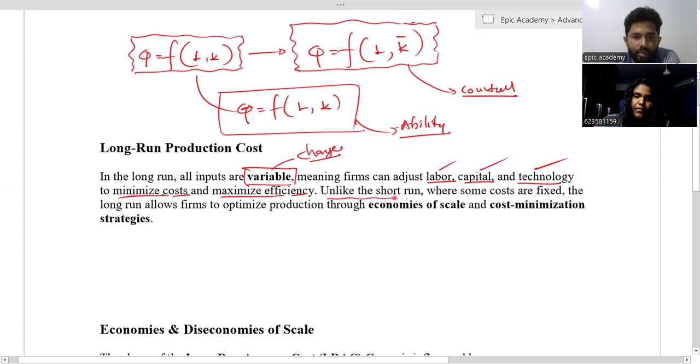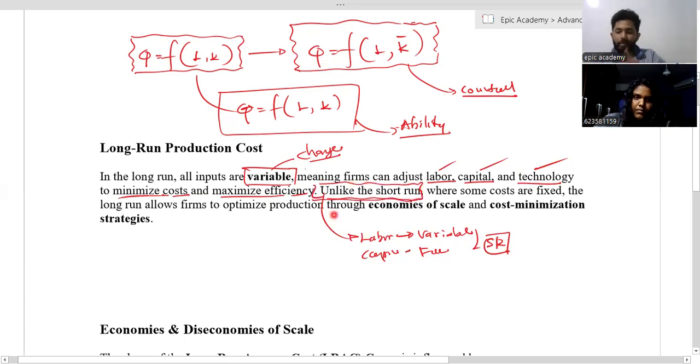This is unlike the short term, isn't it? In the short term, they can change only labor. Labor represents the variable factor, but capital becomes a fixed factor during the short run. But in the long run, unlike that, they can change each and everything.